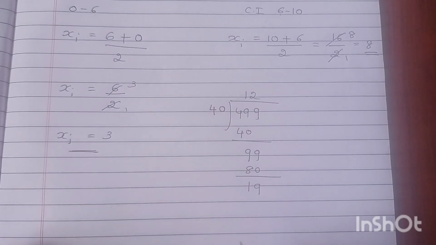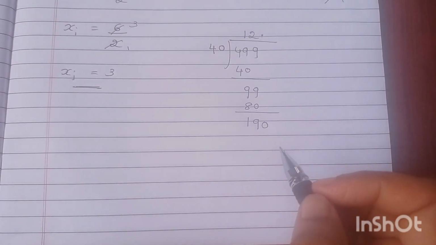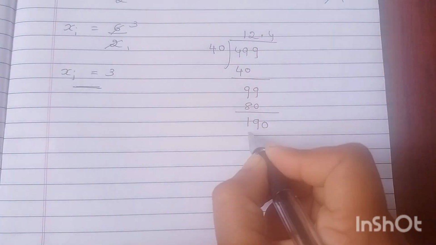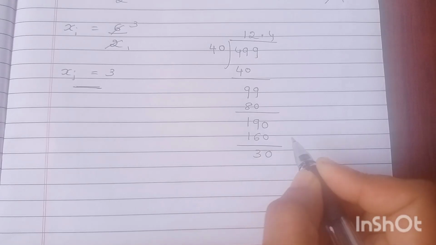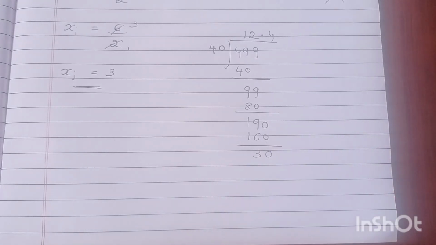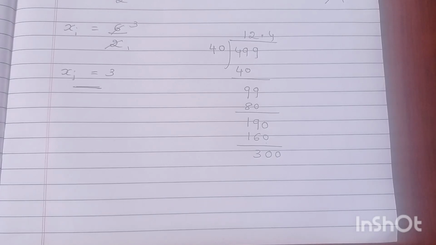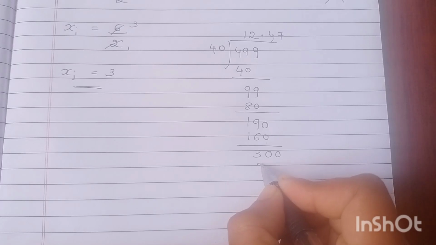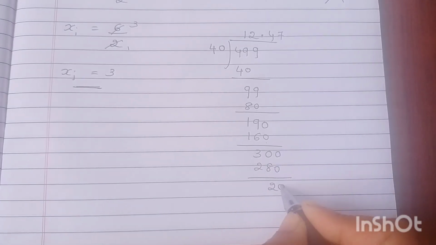Now take the decimal point. Then it will become 190. Then 40 fours are 160. 190 minus 160 is 30. Already we have a point, so we can take 0 and it becomes 300. 40 sevens are 280. 300 minus 280 is 20.